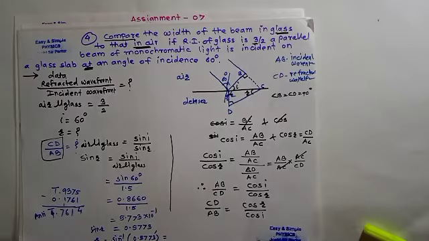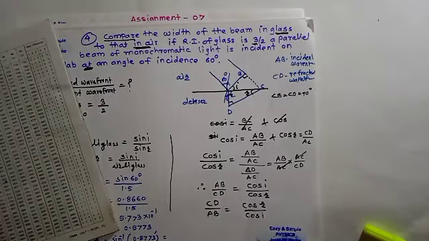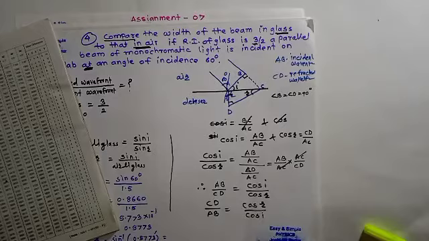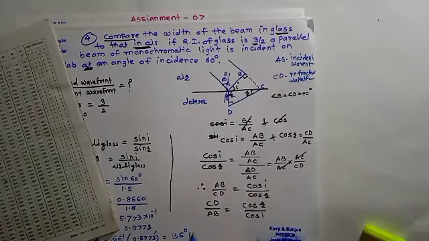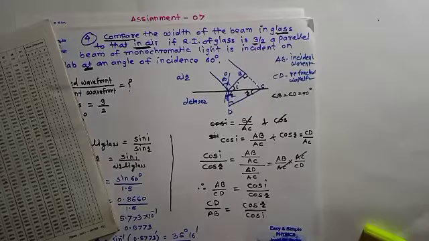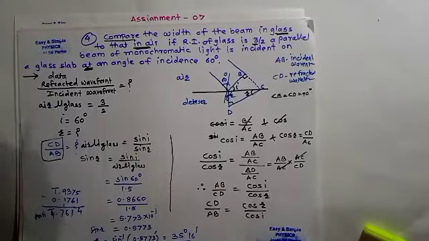If we see natural sine, 57 will be 35 degree, and here we can see 64, and 9 is there in the 4 minute column, and 16 minutes, means 35 degree 16 minute. That will be the angle of refraction.